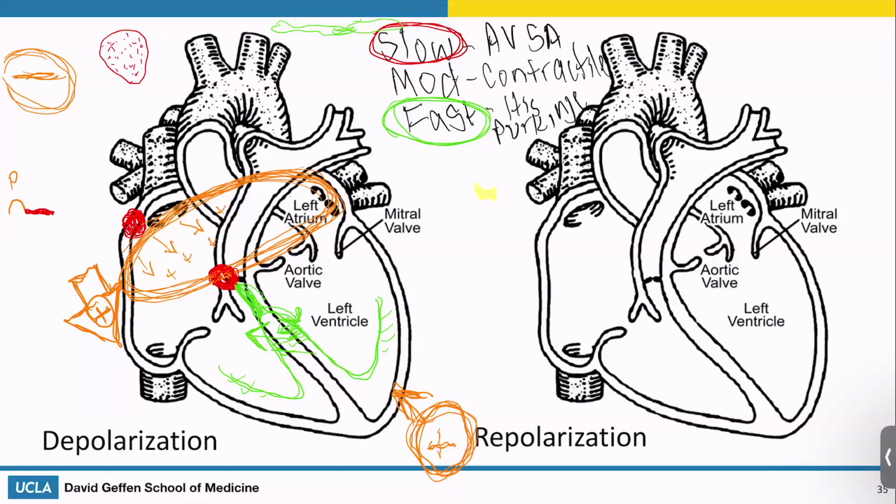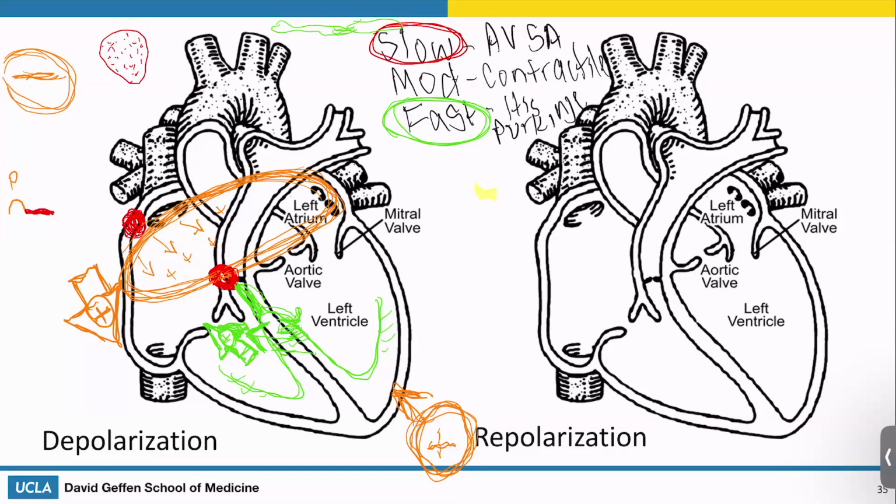It's going to depolarize all these contractile cells of the septum in this direction, creating that vector. The interventricular septum isn't a super big area of the heart, but it's depolarization, which is positive. And if I make this arrow, it's going to be moving in this direction.